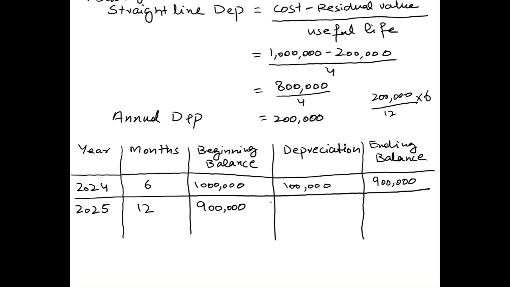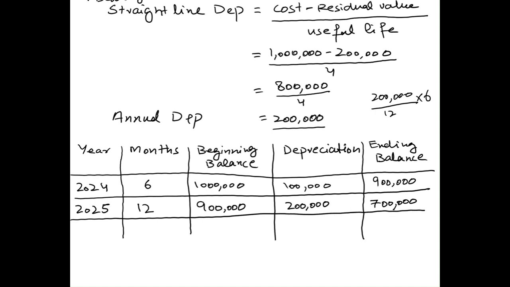And for the whole year, the depreciation we've already calculated is $200,000. And then the ending balance will be the beginning balance minus the depreciation, so that comes out to be 700K. We draw a line again.